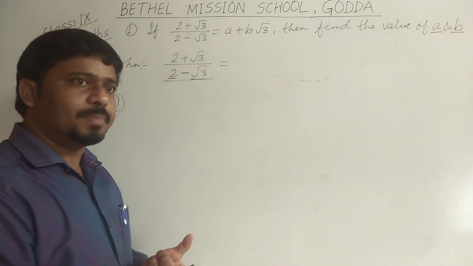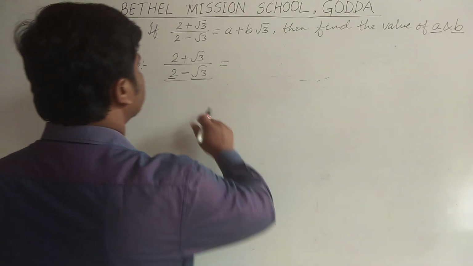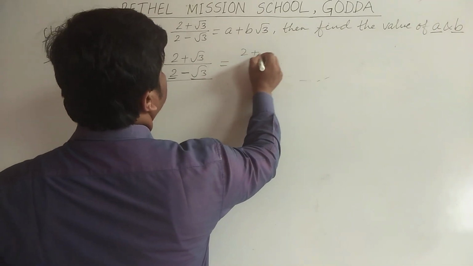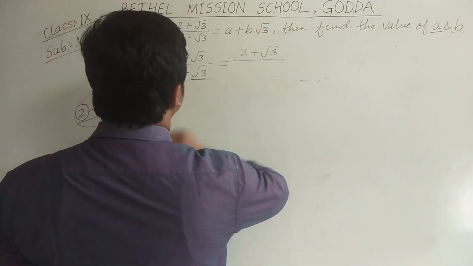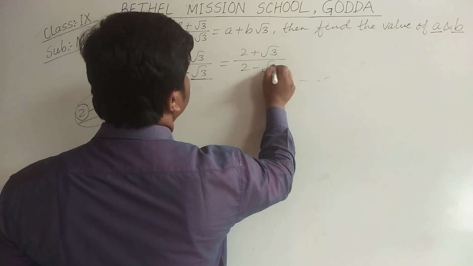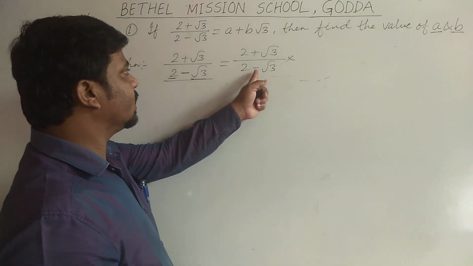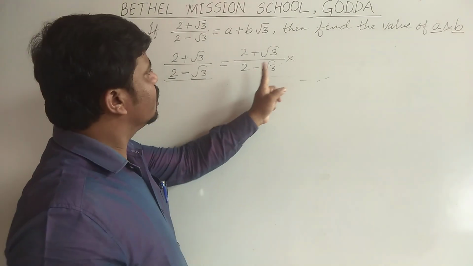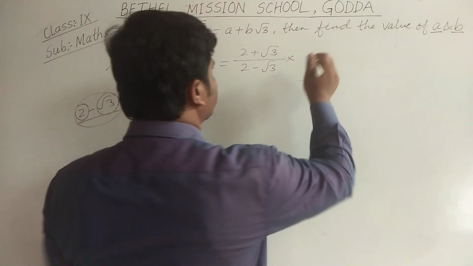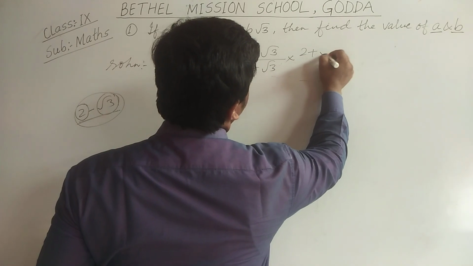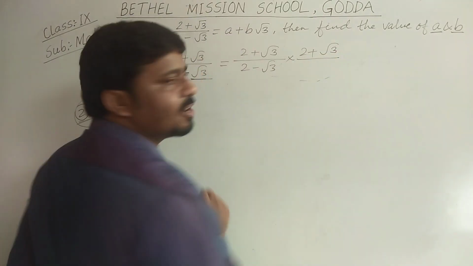If there is plus, we will multiply with minus. So 2 plus under root 3 upon 2 minus under root 3. Here the sign is minus, so we will take the sign plus. So it will be 2 plus under root 3, the opposite sign we have taken.